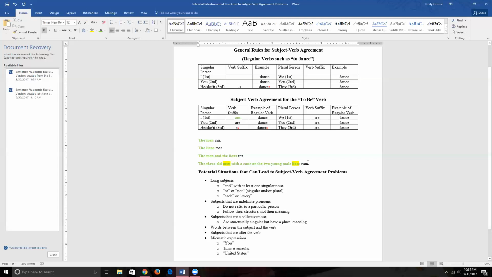Door 2 has the 2 young lions here. So if we remove the possibility of the young lions, we would clearly say the 3 old men with canes. Do they runs? No, they run.